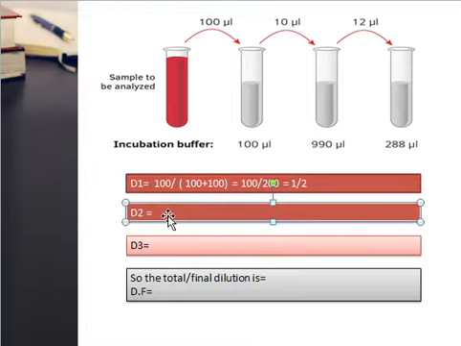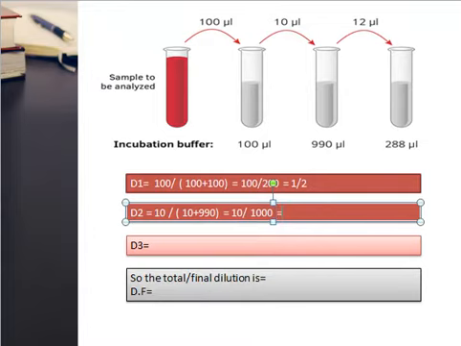The dilution of tube 2 can be calculated as follows. The volume to be diluted, here 10 microliter taken from tube 1, divided by 10 microliter plus 990 microliter, which equals 10 over 1000.